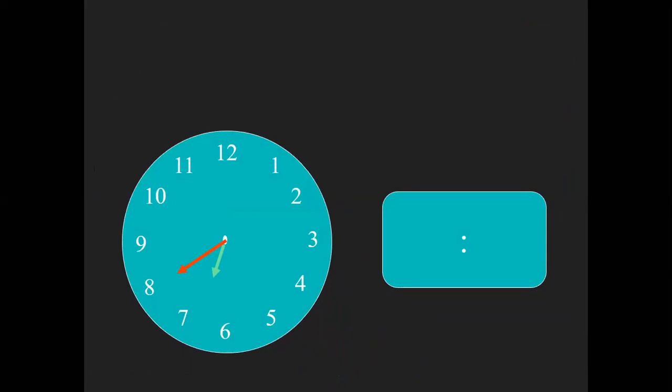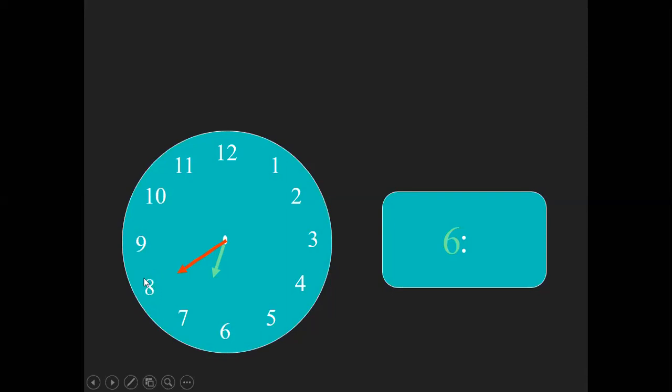So let's have some exercises. For example, we have this clock. The hour hand is pointing between 6 and 7. So we are going to use the lesser value. So the hour time will be 6, while the long hand is pointing towards 8. But again, we will not use 8 in the minutes.